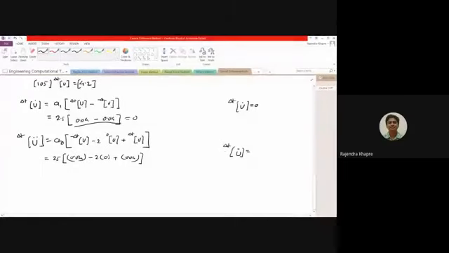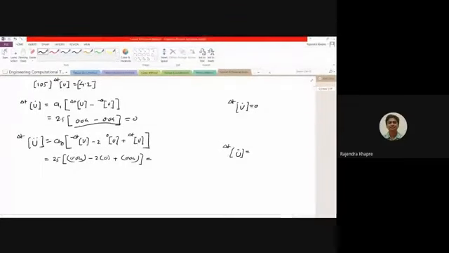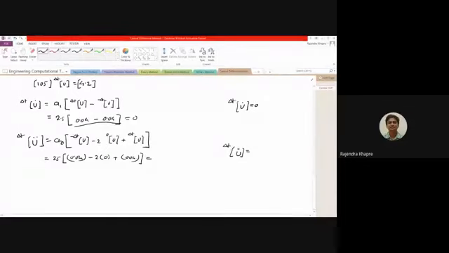Can someone give me this value, please? Yes, it is 2. So this value is now 2.